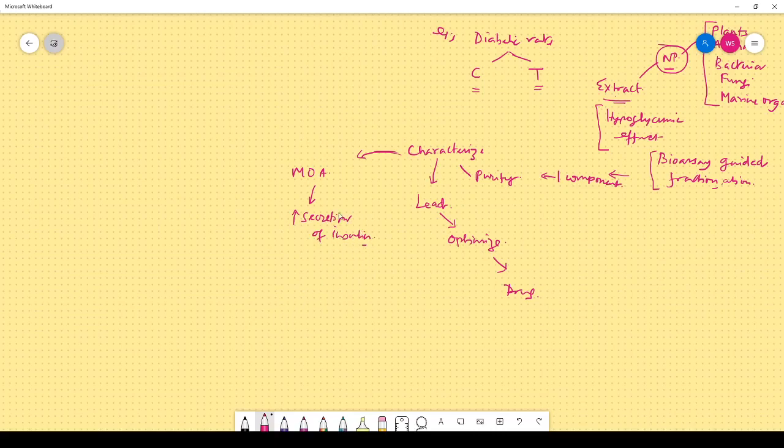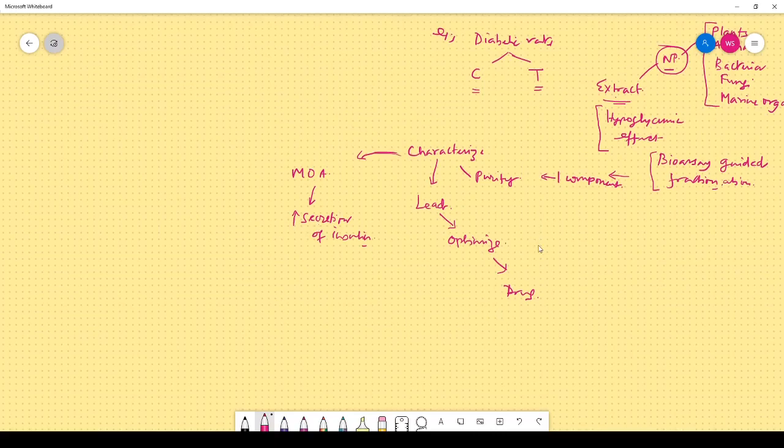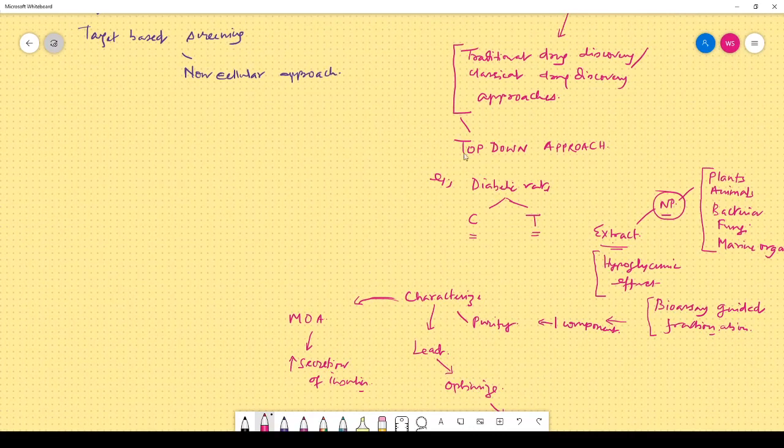Okay, so suppose that is the mechanism of action. So here what did you do? You looked at a disease model. When you started, you had no idea about the mechanism of action. So your starting point was the disease model.